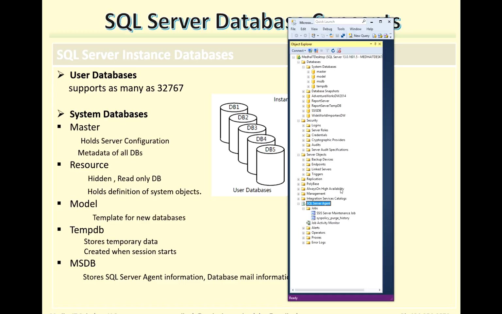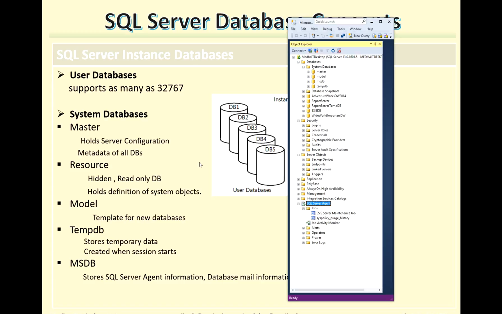So the metadata or the details of those jobs are stored in MSDB. It also maintains other details like database mail or SSIS package details, but mainly MSDB is responsible for maintaining SQL Server Agent jobs.